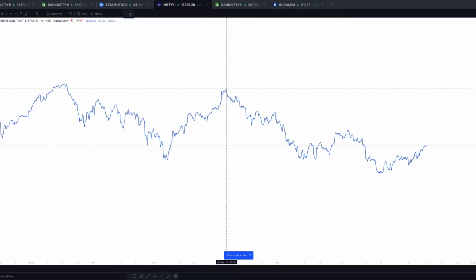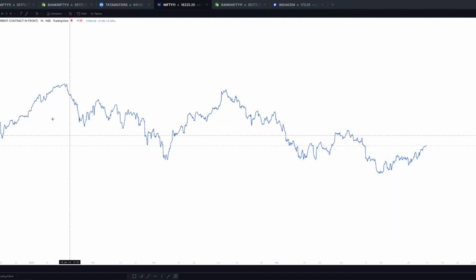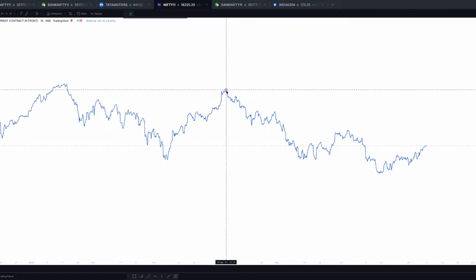VWAP cannot be applied over there. Before we start, it considers volume also into account. That's why it is very relevant to identify big players, because the support and resistance applied by this is very long term. It will be followed not in particular hours or minutes, but in days, weeks and months.